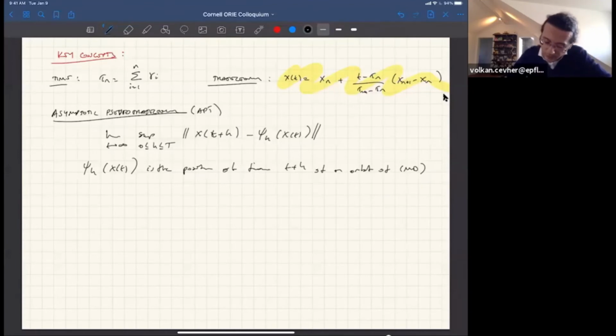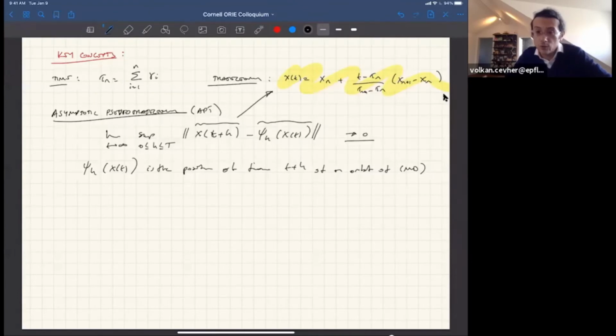Remember, this is defined through the RM, Robbins-Monro discretization, and this is the one that comes through the ODE. The asymptotic pseudo trajectory idea is that this thing goes to 0.